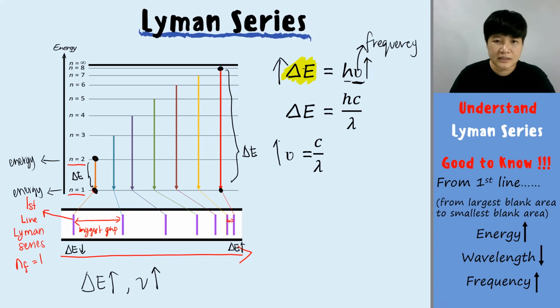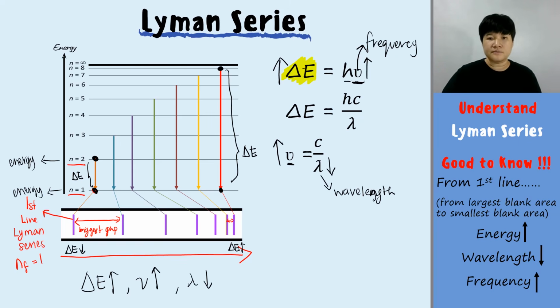Frequency equals speed of light over lambda, where lambda is the wavelength. So when the frequency increases, the lambda actually decreases, the wavelength actually decreases, because they are inversely proportional.